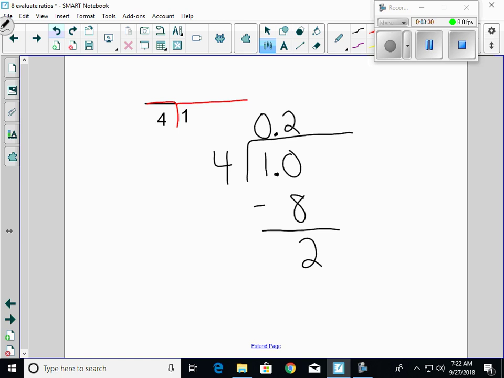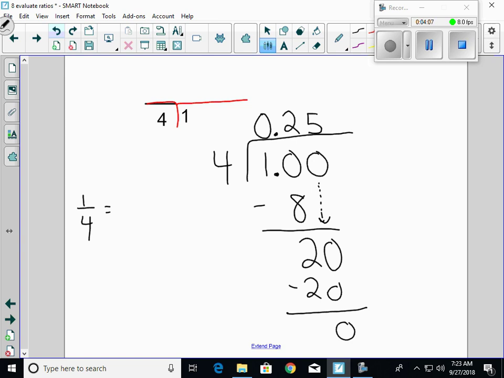So I'm going to have to add an extra 0 to my problem so that I can bring down that 0, because I can divide 4 into 20. 4 goes into 20 5 times because 5 times 4 is 20. And when I subtract these last values, I have 0. So I'm finished. So 1/4, that ratio, the value as a decimal would be 0.25.